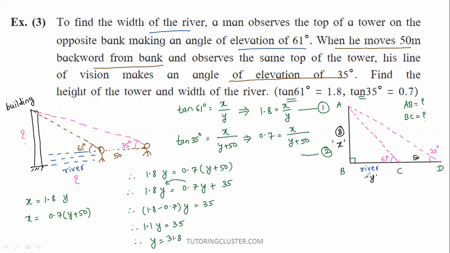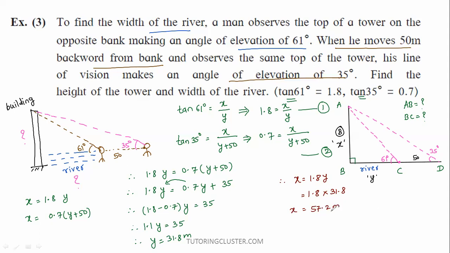31.8. So the width of the river is 31.8 meters. What will be X? X is 1.8 times Y, so 1.8 into 31.8, which is 57.2 meters.